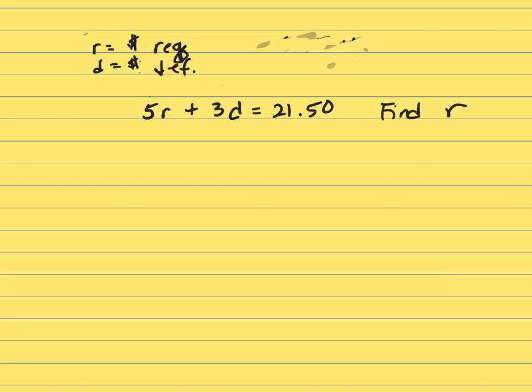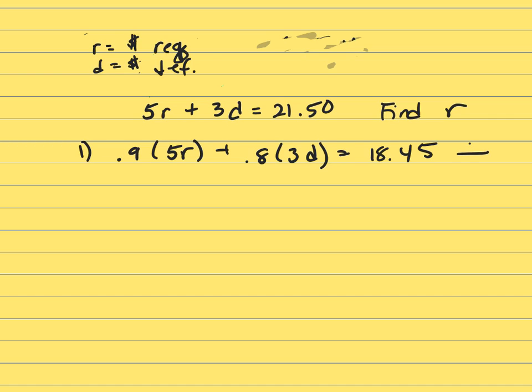So clue 1. If the price of 5 pounds of regular coffee had been reduced by 10%, well, if it was reduced by 10%, you'd be paying 90% of the cost. So 0.9 times the 5 pounds of regular, and then the price of the 3 pounds of decaffeinated is reduced by 20%, so you'd be paying 80% of 3 pounds of decaffeinated, and that gives you a price of $18.45.